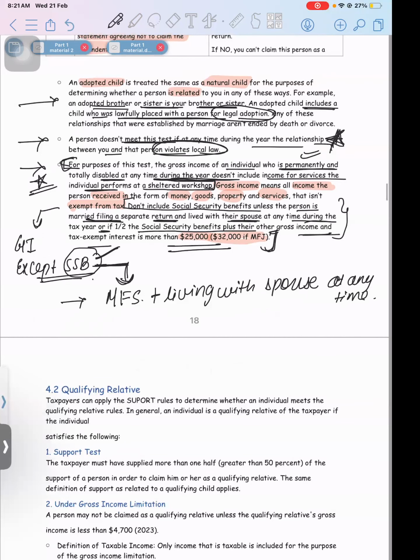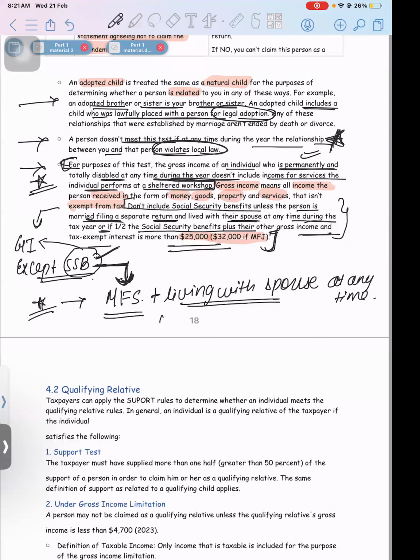So for SSB benefit, there will be one exception if a person is filing as MFS and is living with the spouse at any time during the year. In that case, you need to consider SSB in your gross income. Please remember this, it is most important. If they give you a very complex question, this kind of twist can come into the picture.